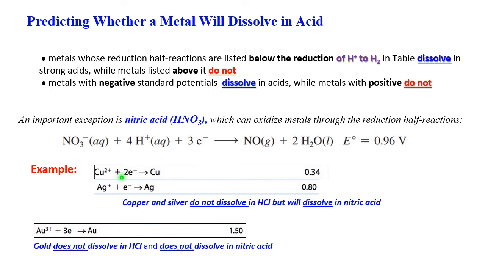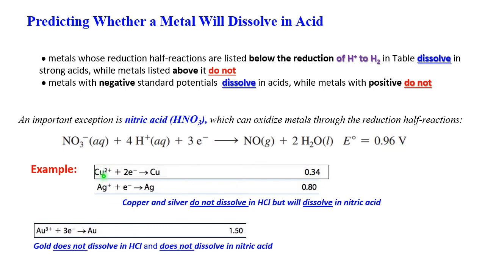Now let's look. Cu2 plus and 2 electrons make Cu, a positive number. It will not dissolve in strong acid. Ag plus and electron make Ag, 0.80, will not dissolve in strong acid, but these two numbers are smaller than 0.96.